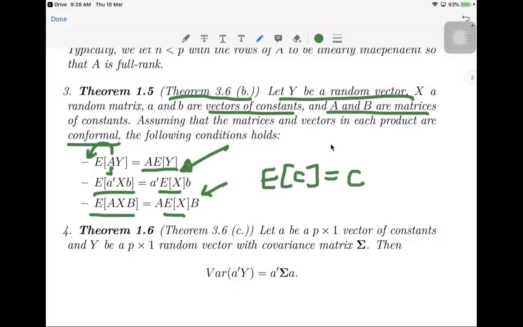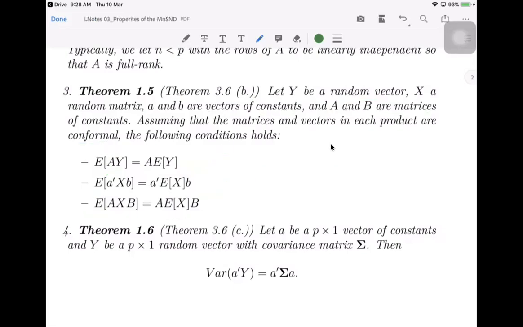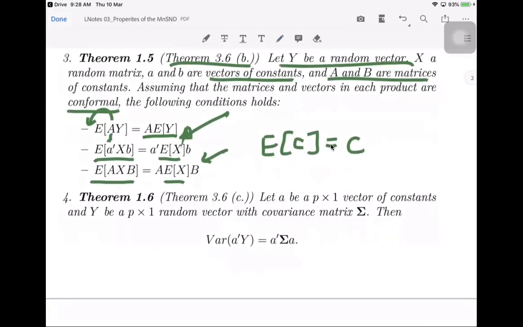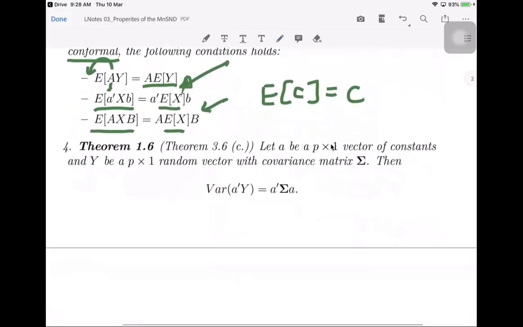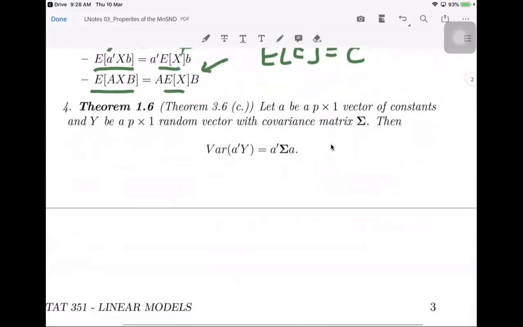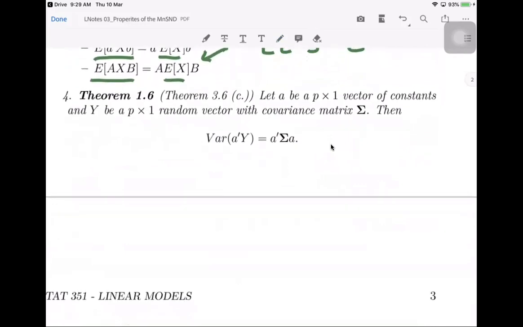So all you have to get is just the expectation of your random variable or random vector or random matrix. But for variances, this will not be straightforward.